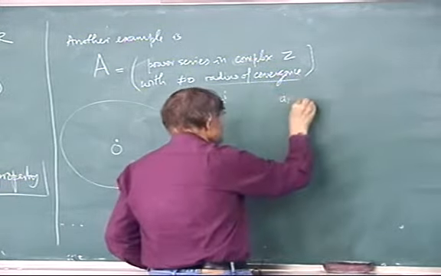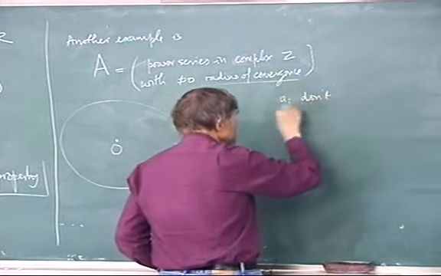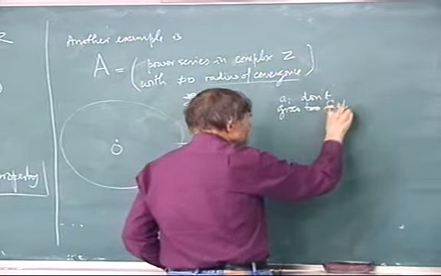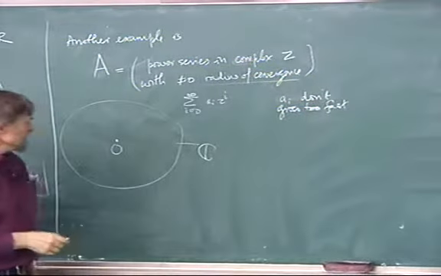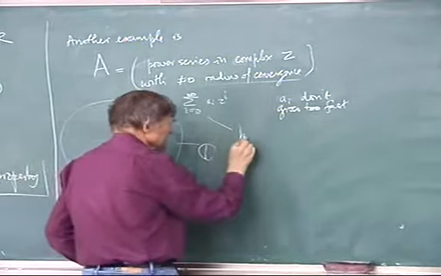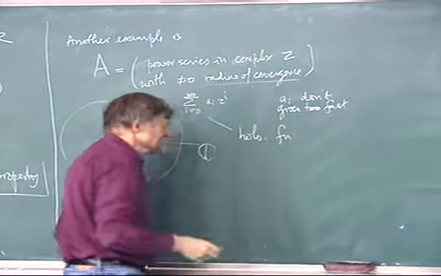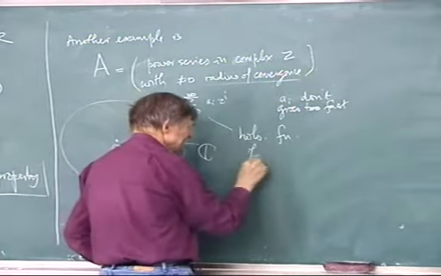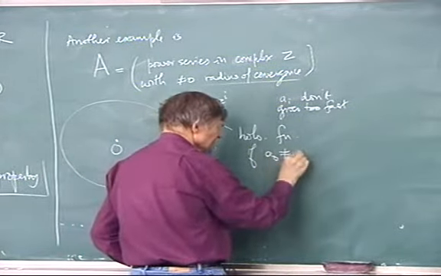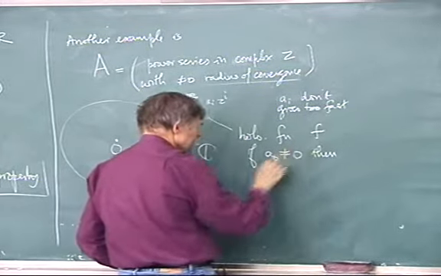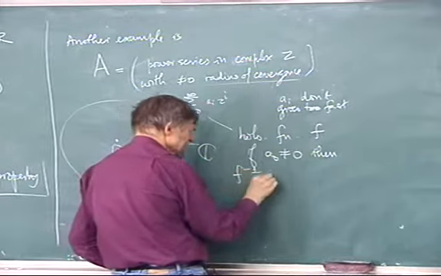The a_i don't grow too fast. Then this defines a holomorphic function. And if a_0 is not equal to 0, then for the holomorphic function f, f to the minus 1 is also holomorphic.